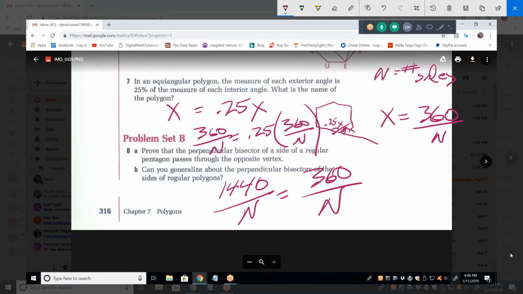It's not getting us anywhere, is it? I find this a lot in geometry, where you start writing equations and you end up with an equation that isn't solvable.